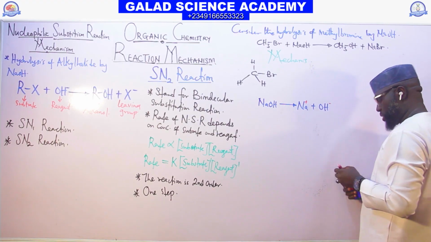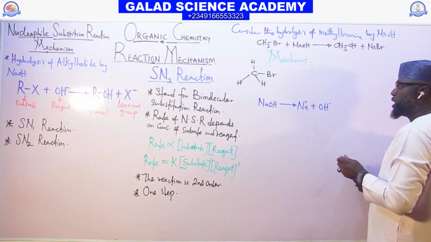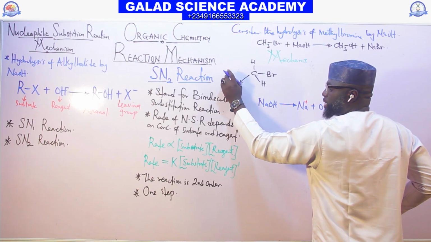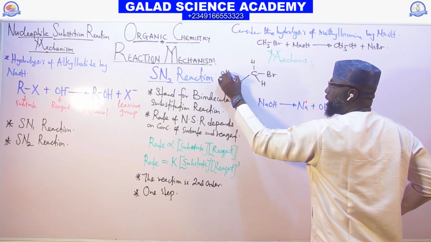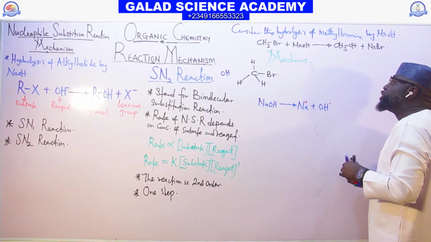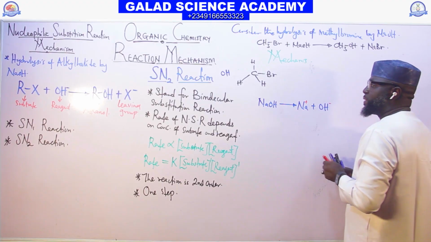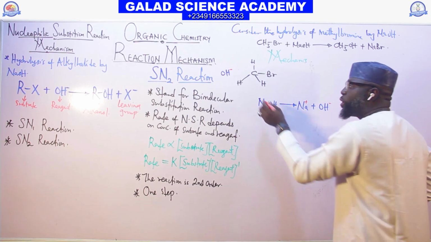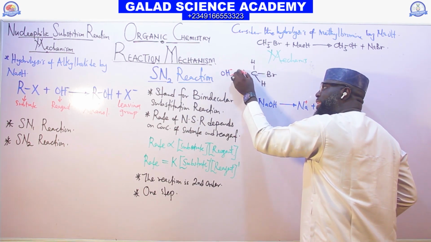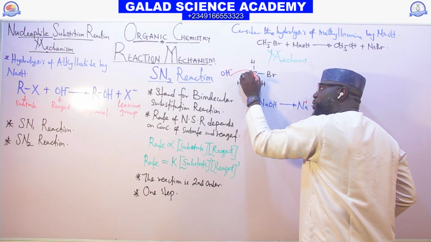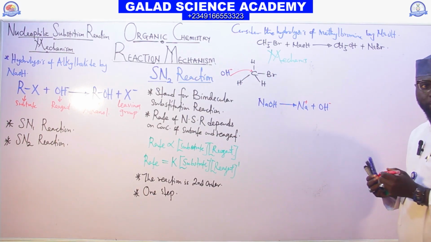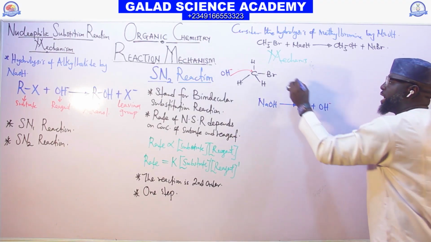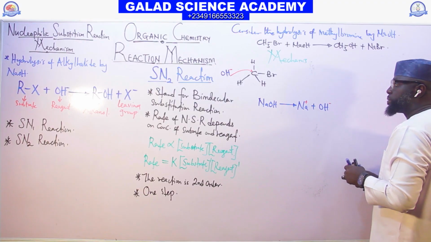This OH that is ionized from sodium hydroxide, we have it here. So the OH now attacks this carbon from the back. It will attack the carbon from the back.